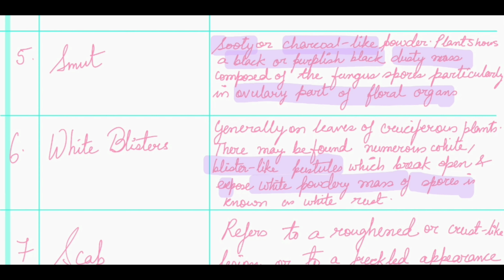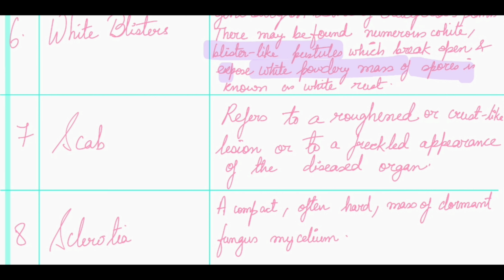The shape of the pustule is blister-like, and it is a white powdery mass of spores, which is the fungus. Next is scab, which refers to roughened or crust-like lesions or a freckled appearance of the diseased organ.